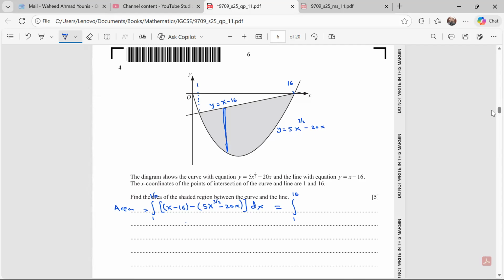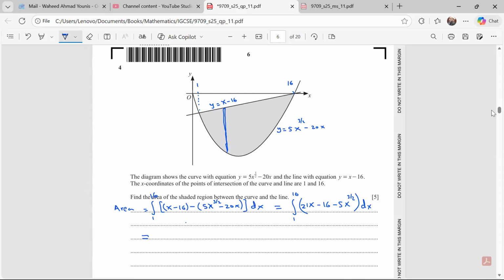So this will give us 21x minus 16 minus 5x power 3 by 2 dx.